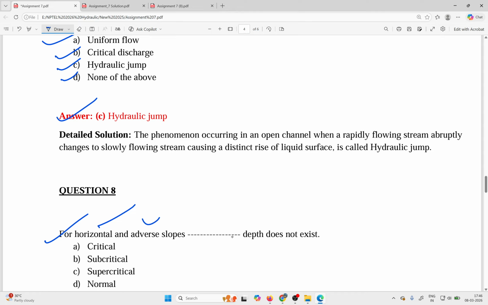Here you need to fill in the blank: depth does not exist. Critical, subcritical, supercritical, normal. In such situations, which type of flow is not possible? Which one?